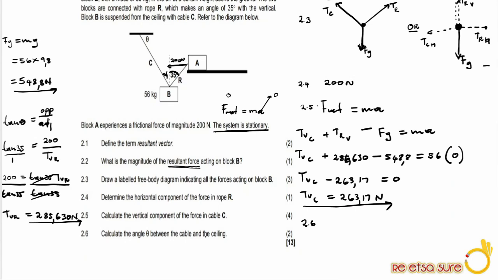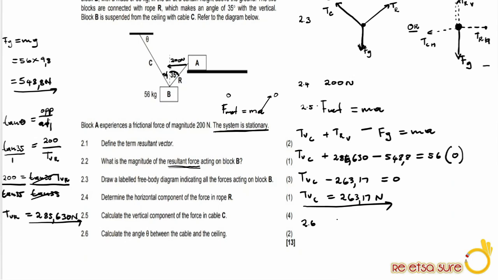So meaning I do have the opposite side, which is 263,17, and then the adjacent side, obviously it must be 200 Newton. So obviously I am required to calculate the angle. I have the opposite side, I also have the adjacent side. So meaning the trigonometric ratio that is suitable for us to use here must be tan.